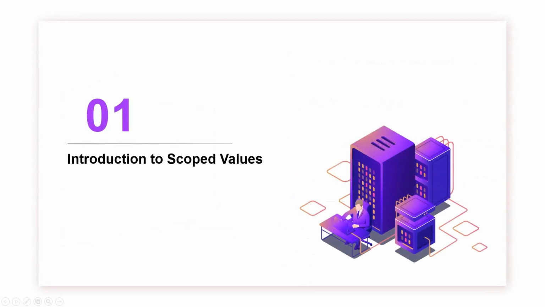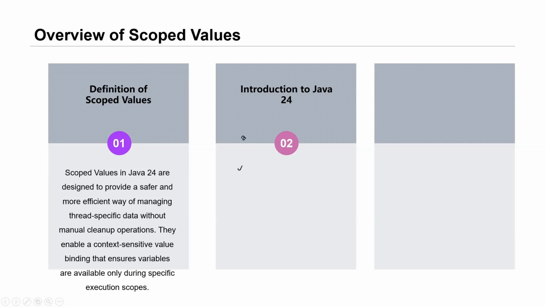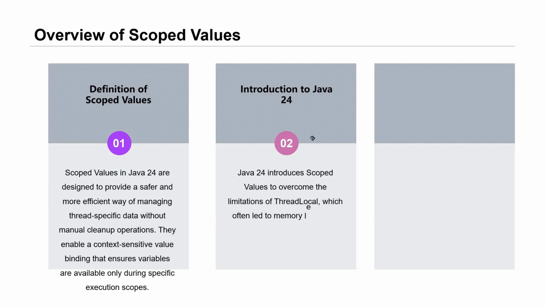Now we will talk about the introduction to scope values. As I said, scope values in Java 24 are designed to provide a safer and more efficient way of managing thread-specific data without manual cleanup operations. They enable context-sensitive value binding that ensures variables are available only during the specific execution context.